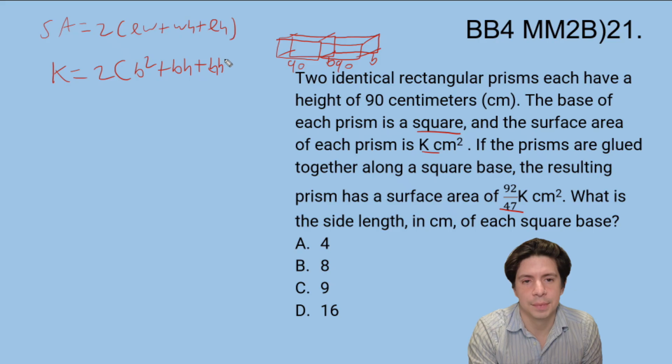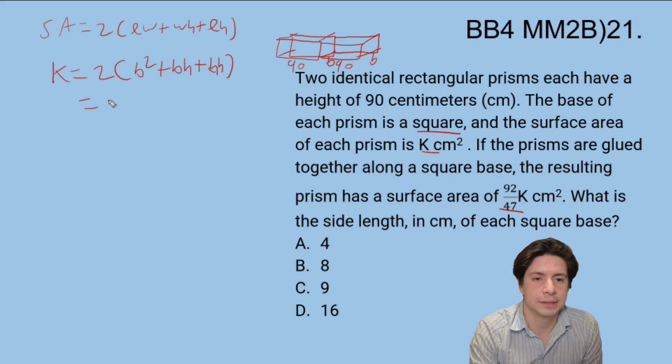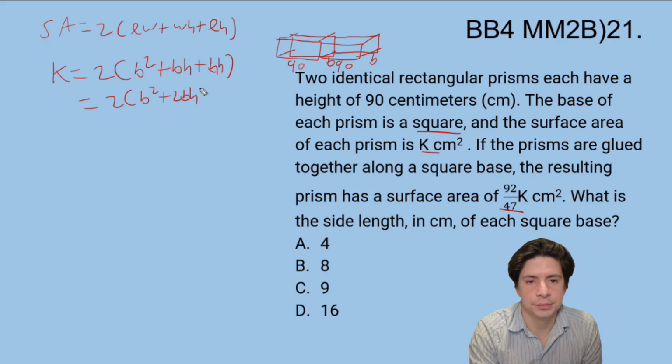That gives us 2B squared plus 2BH plus 2BH, which gets us 2B squared plus 4BH.